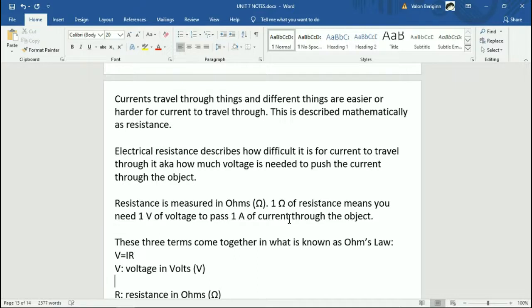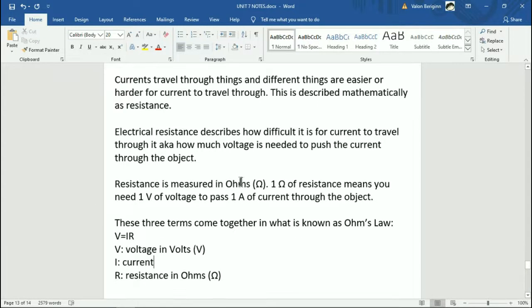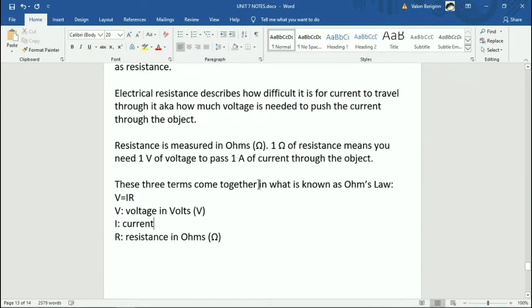Now, I is current. It's dumb that I is current. Remember, I was also intensity, and we used this before, so it's kind of weird that they chose to use I, but that's what it is. So I is current in amperes, which is an A. Why? Because I don't know.